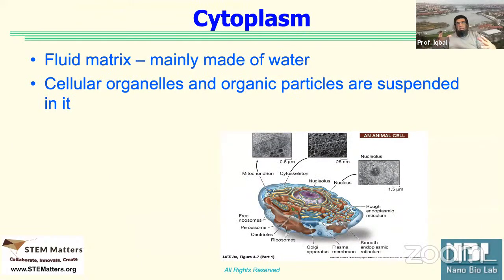So it is mostly fluid, mostly water, and these things that we look at, they are all suspended in water, right? Now, you have to understand, pure water is a good insulator, but water, the way we have it, has lots of salts in it.